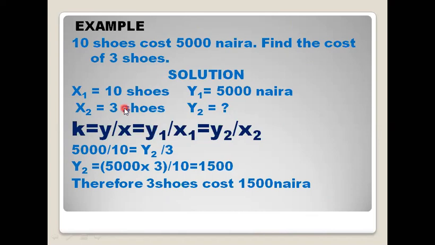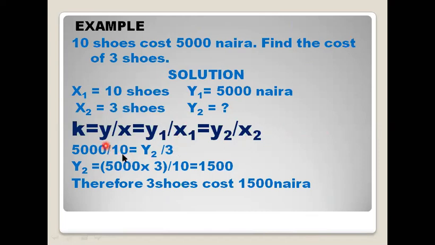So in our solution, y1 is 5,000 and x1 is 10 shoes. So we have 5,000 over 10 equal to y2, which is unknown, over x2, which is 3 shoes.